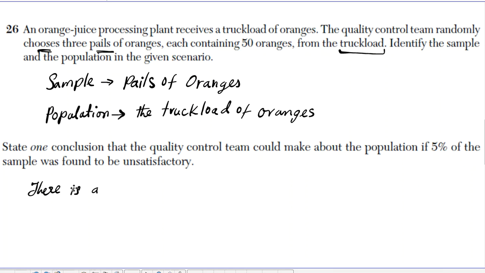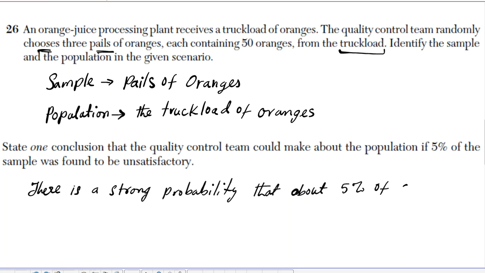One conclusion you can write is that there is a strong probability that, just state the information that they found out here, about 5% of all the oranges in the truckload are unsatisfactory.